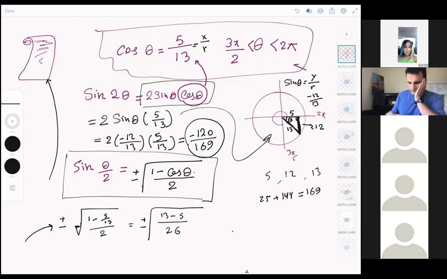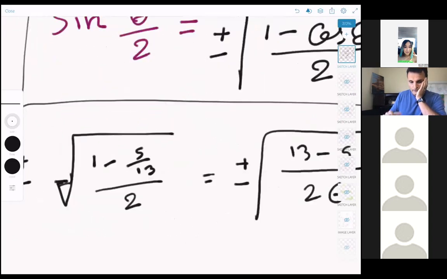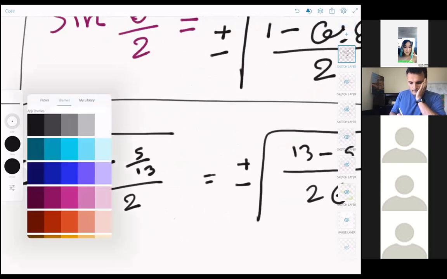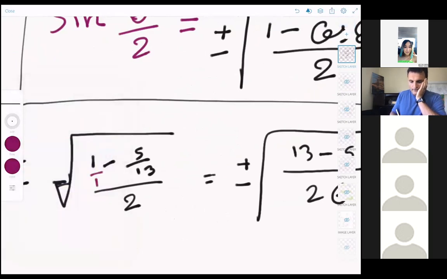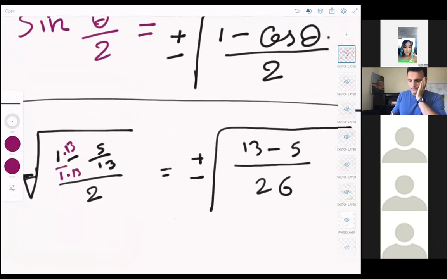Where is that coming from? I find the common denominator. I multiply by 13, multiply by 13, so I got 13 minus 5 here. The denominator is 13, and I multiply by 2, so I got 26.